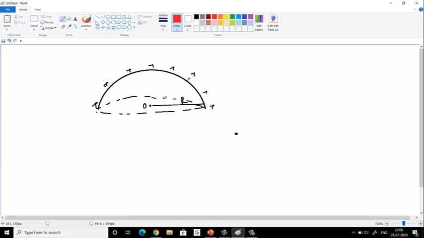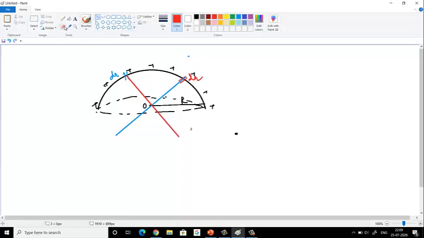Now see, if you take a small charge dq, here the electric field is going to be in this direction. If you take a charge exactly symmetrical to this one, it will be somewhere like this.